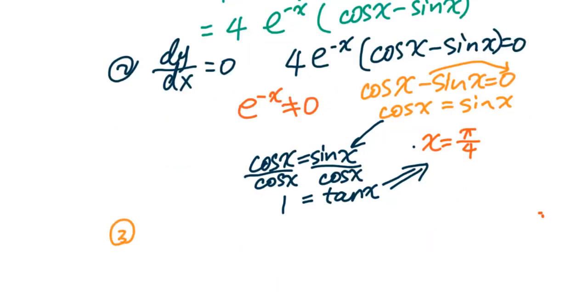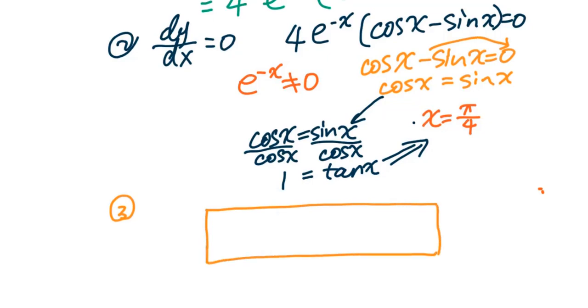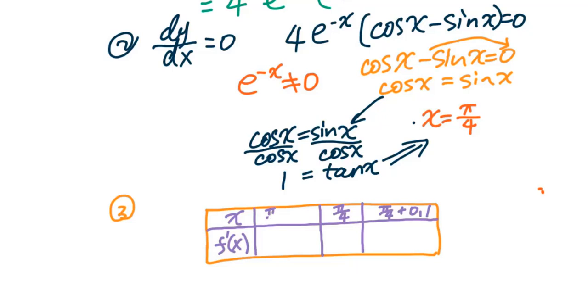Then for the third part, we need to test using the neighbor value test. You have x and f prime of x. So this is pi over 4, pi over 4 plus 0.1, and pi over 4 minus 0.1.